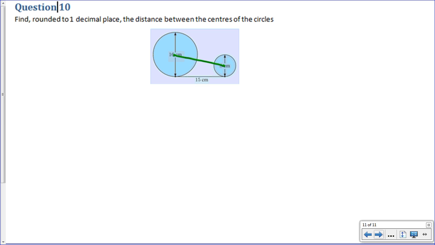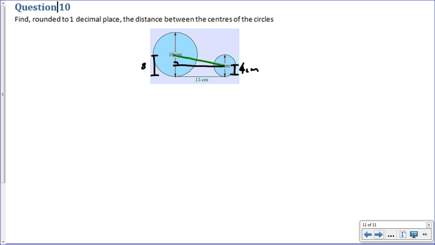So if I put a line parallel to the base tangent there, across here, that's going to hit here at 90 degrees. If the radius here is going to be 8 centimetres, the radius here is going to be 4 centimetres. So therefore I know the distance that's going to be left over there.